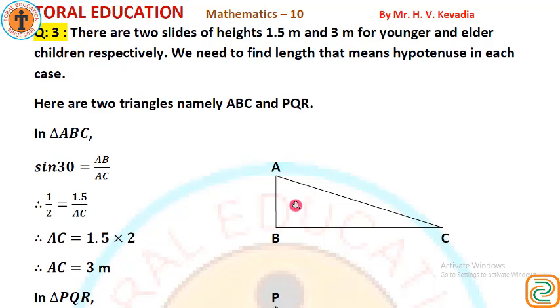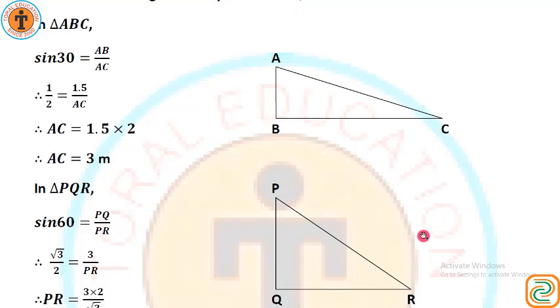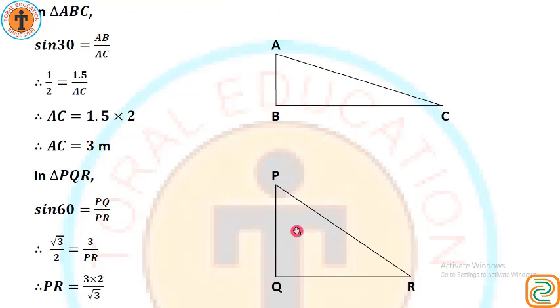And it is inclined at an angle 30. This is 30. Whereas for the elder children, she wants a steep slide at the height of 3 meter and inclined at an angle 60. Look at this. This is the steep slide, right?